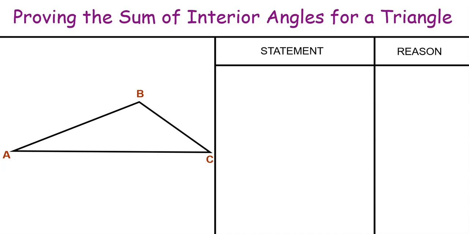Now the step of construction is where we add something to a diagram, where sometimes we're allowed to have two particular characteristics. We can state a point that it goes through, and one characteristic related to it. So the Euclidean postulate tells us that we can add a parallel line through a point not on the line. So we're going to add a line through point B called L that is parallel to AC.